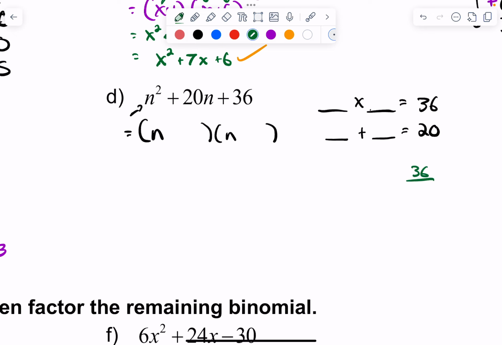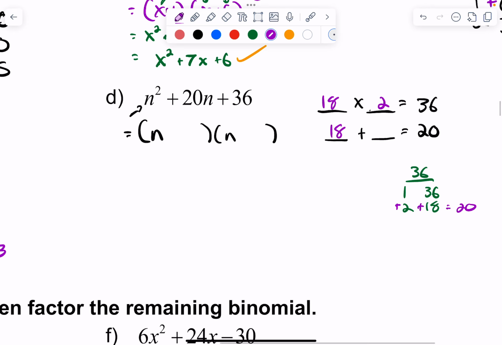So 36's multiples are 1, 36, 2, 18, and I'm going to stop there because plus 2 and plus 18 give me 20. So that means this is 18, 2, and it doesn't matter what order you put these in. 18, 2, so plus 18, plus 2. There we go.